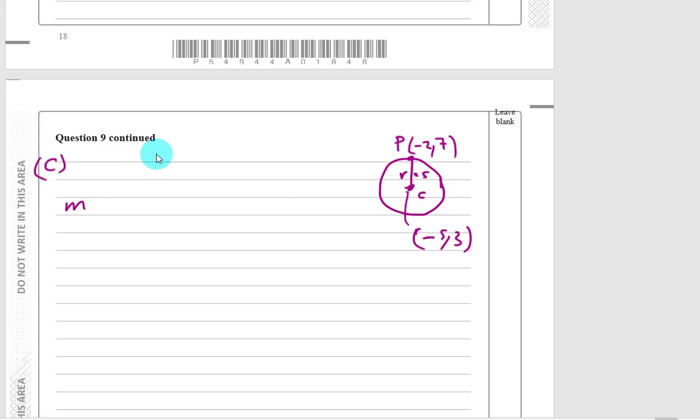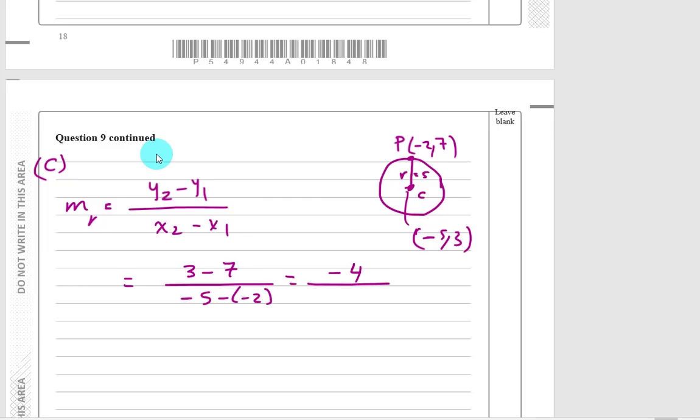Now m, the gradient of the radius, which is this line, will equal y2 minus y1 divided by x2 minus x1. So it equals (3 minus 7) over (minus 5 minus minus 2). So it equals minus 4 divided by minus 3.